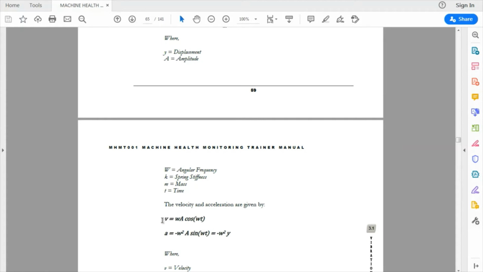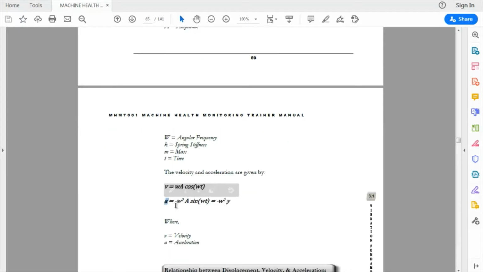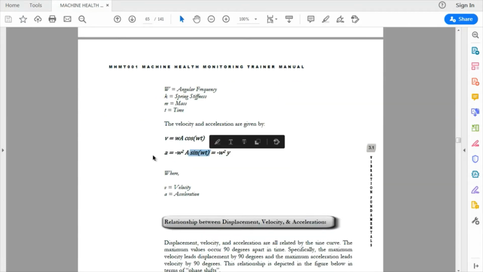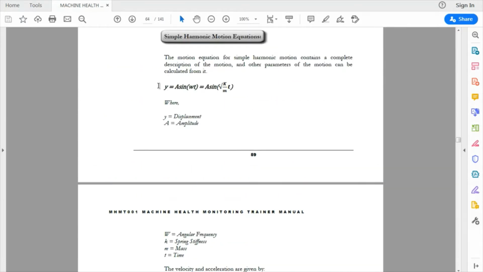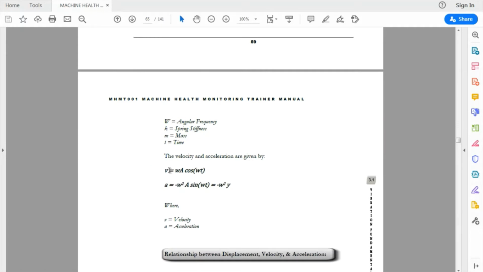If we differentiate again, you will get the value of acceleration, which is minus omega square A sine omega t, or exactly minus omega square y. This is the same value of the initial original y. So we have the three elements: displacement y, velocity y dot, and acceleration y double dot.